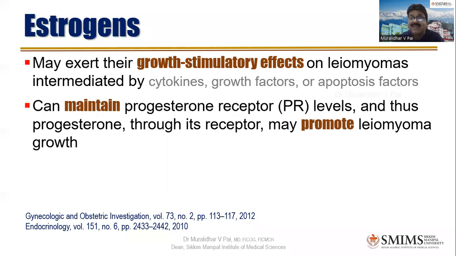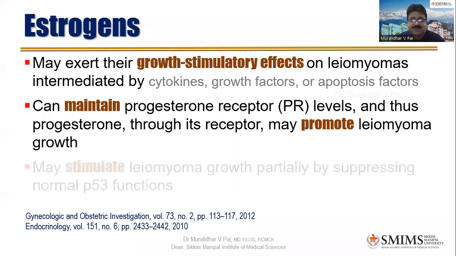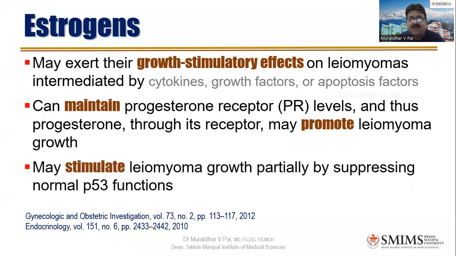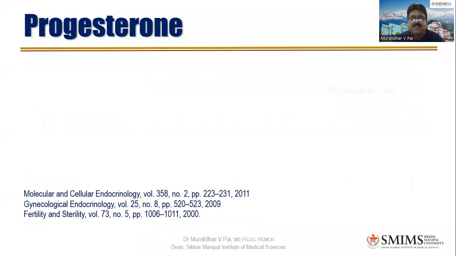That is the beauty. Estrogen helps maintain progesterone receptor levels, and thus progesterone through its receptor may promote leiomyomas. They are friends, after all, brother and sister. They help each other. They may stimulate leiomyoma growth partially by suppressing normal p53 functions.